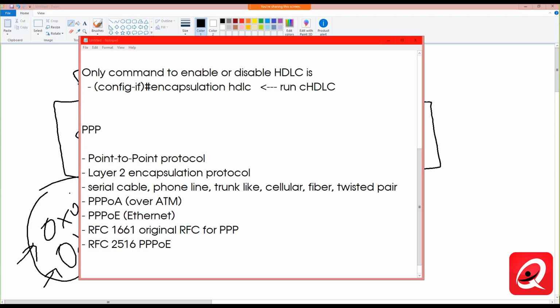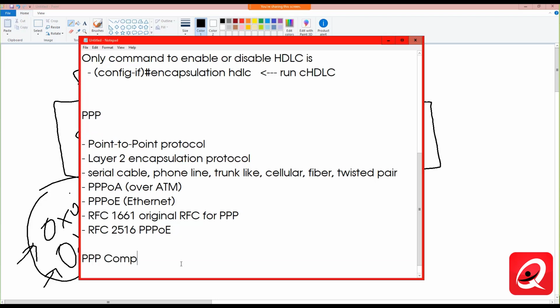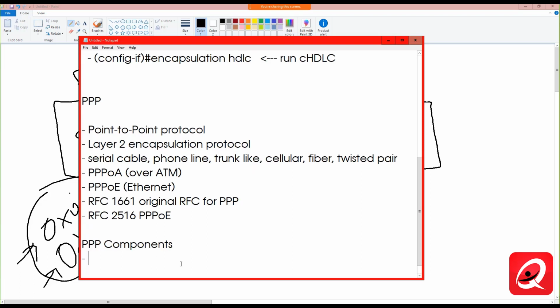So as a protocol, there are three major components to PPP. Let me go ahead and put this in here. PPP components. Number 1, we have an encapsulation component.